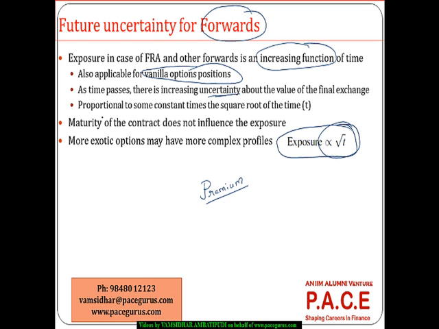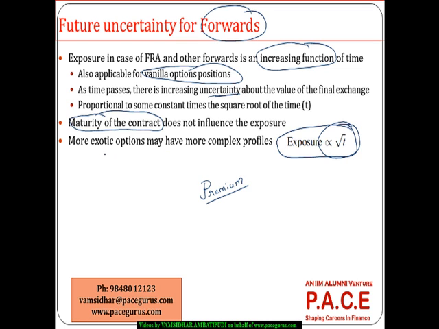And we have to understand here, the maturity of the contract does not influence the exposure at all, right? It does not influence the exposure at all. It's simply that the exposure is proportional to the square root of time.